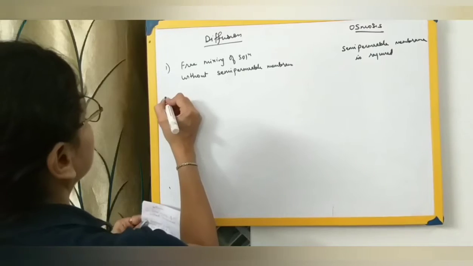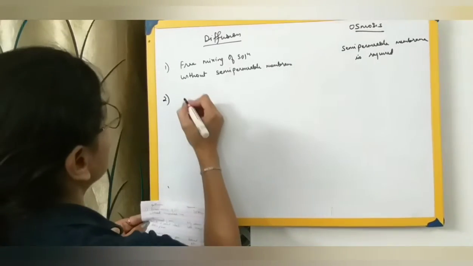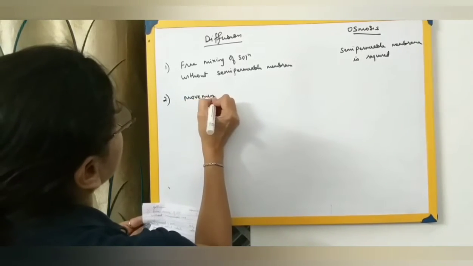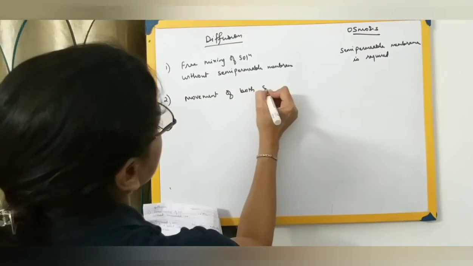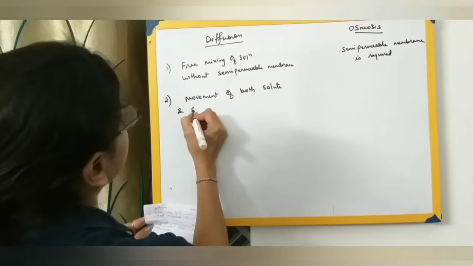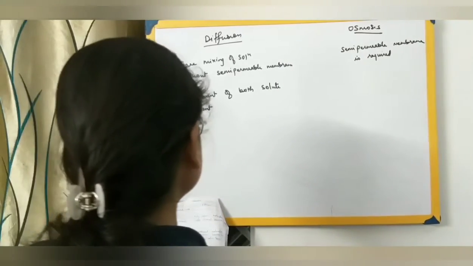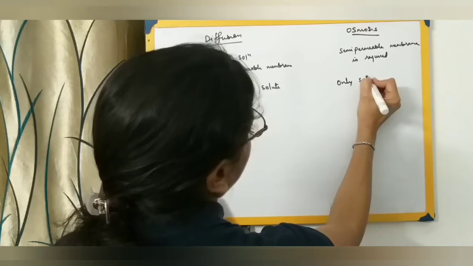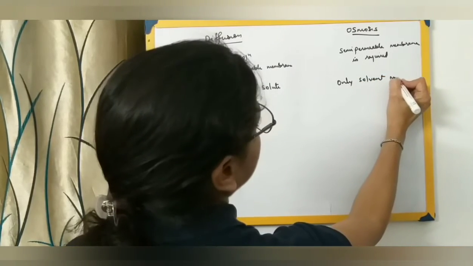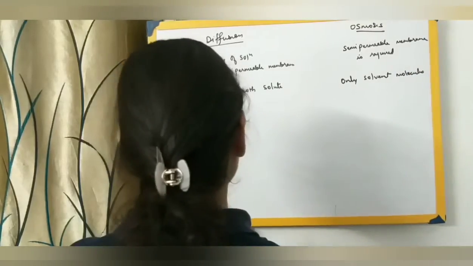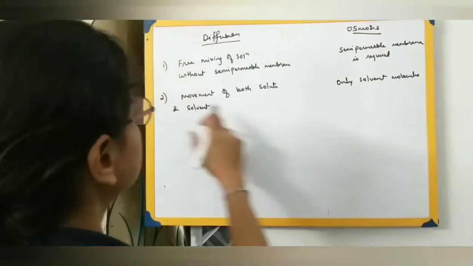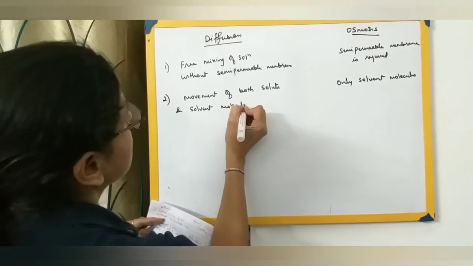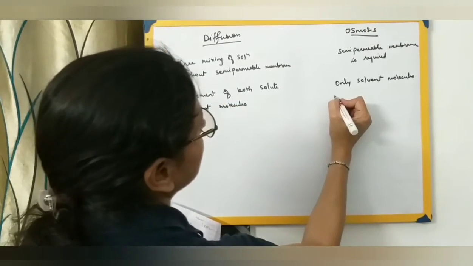Then here, in case of diffusion, there is movement of both solute and solvent particles or solvent molecules, but in this case only solvent molecules move through the semi-permeable membrane.